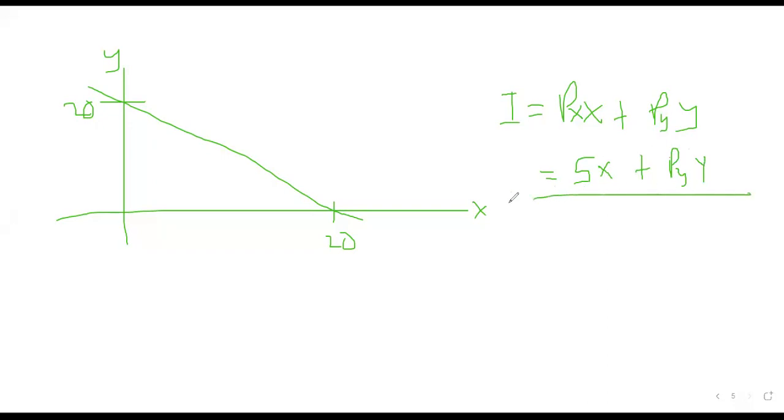It is cutting the X-axis at 20. So for us to know this number, just multiply 5 times 20. So this number must be 100.